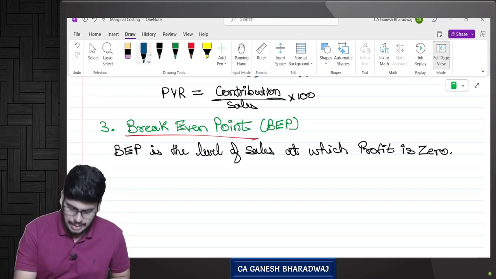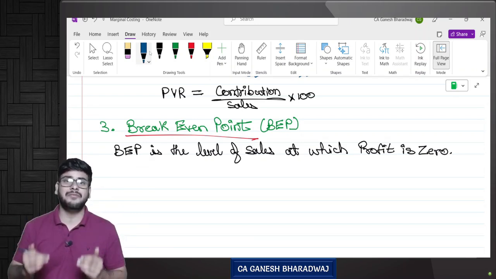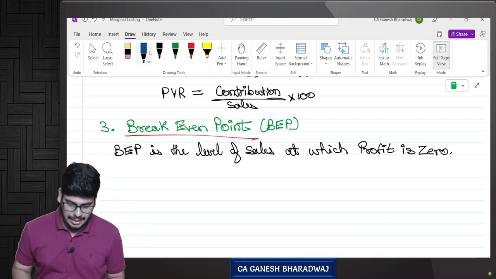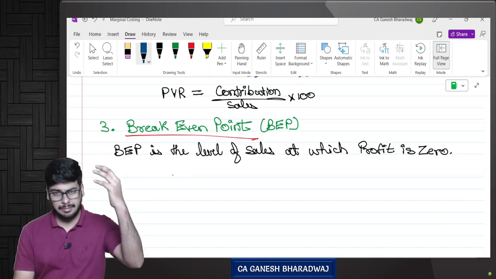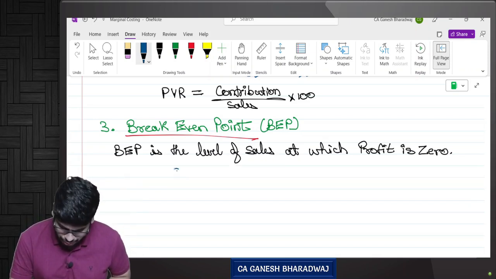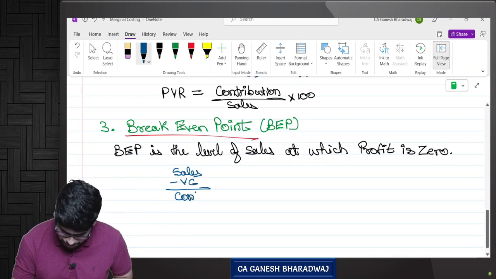Now, to understand this, let us again quickly, in a rough manner, drop the marginal costing income statement. This will enhance your level of understanding. Now, what is the marginal costing income statement? Please, come on, let's do it together. It is sales minus variable cost gives you contribution, minus fixed costs gives you profit.